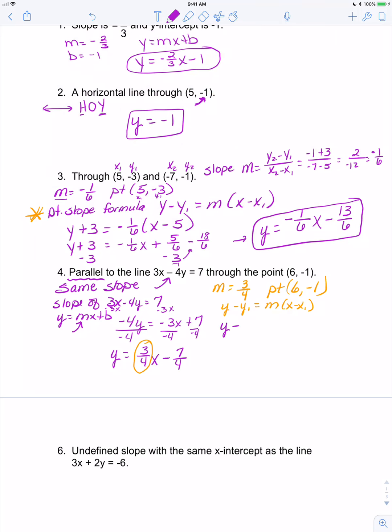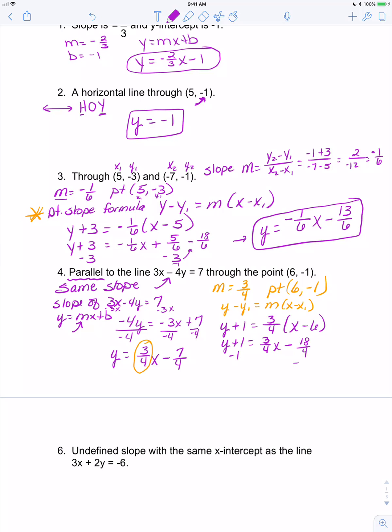So y minus negative 1 means plus 1 is equal to 3/4 times x minus 6. So y plus 1 is equal to 3/4 x minus 18/4.